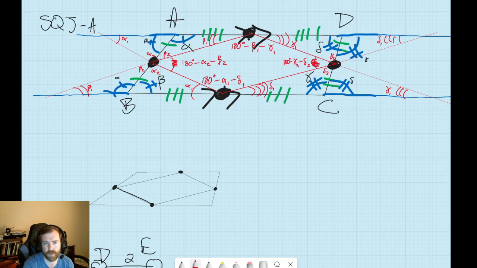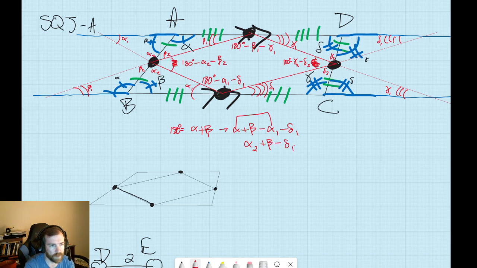Idea, but if we were to let 180 degrees be alpha plus beta, weird ideas are usually how things go. Okay, so if this is true, then we've got alpha plus beta minus alpha 1 minus delta 1. Alpha minus alpha 1 is going to be alpha 2 plus beta minus delta 1.